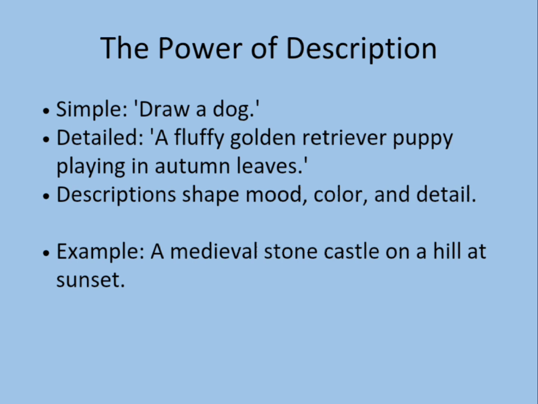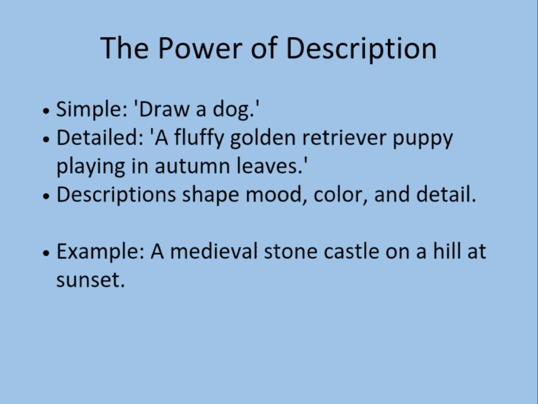For example, if we say draw a dog, it could draw any dog of any color, any size, any shape, any breed. However, if we prompt with a fluffy golden retriever puppy playing in autumn leaves. See, there are so many details here.